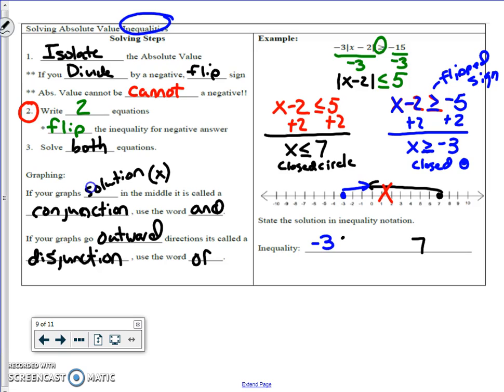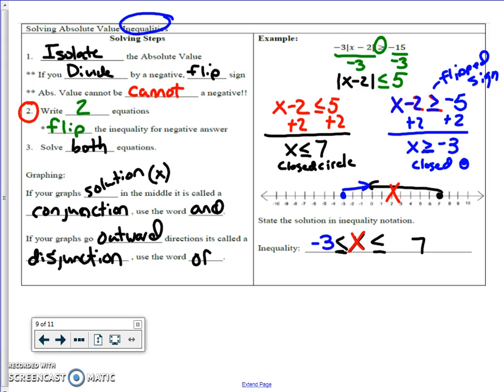And -3 is going to be less than or equal to my value of x. After all, I see that of all these values of x, negative 3 is the smallest. And then x is going to be less than or equal to 7. At any given point, x is going to traverse values less than or equal to 7.